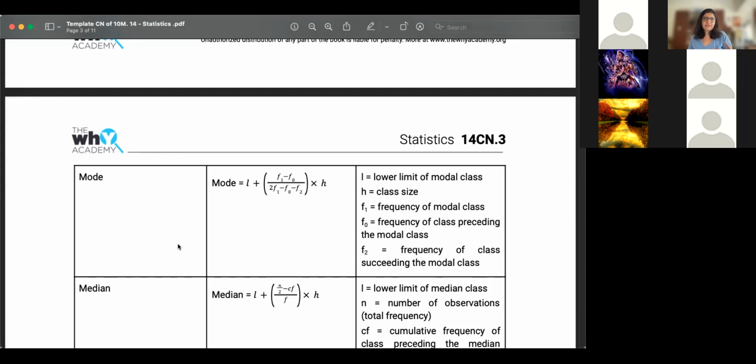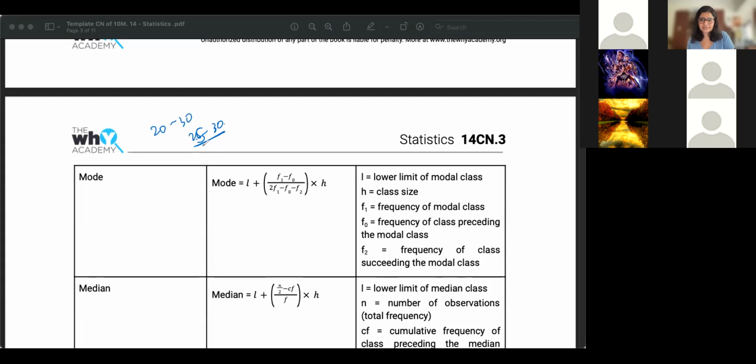When I have a range of values, I can get a modal class by looking at the numbers of frequency. But a class is always like 20 to 30 or 25 to 30. It's like a range of values, right? So between 25 and 30, what exactly is my mode? Where is it? So to get that exact number that represents mode, that's what this formula is meant for.